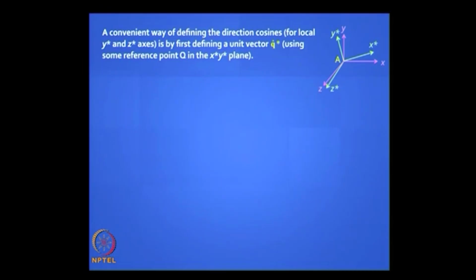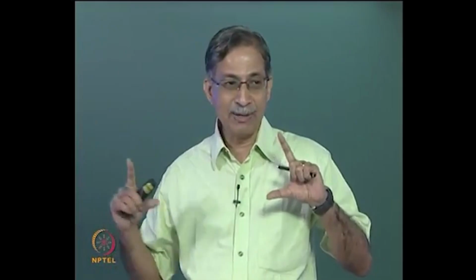So you have to define that plane. If it is an I section, you have to define the plane of the web. To define a plane you need one more point, and it need not be on that web, it could be anywhere in that plane. So you could pick any other point, probably a node in the structure itself, and give those coordinates.